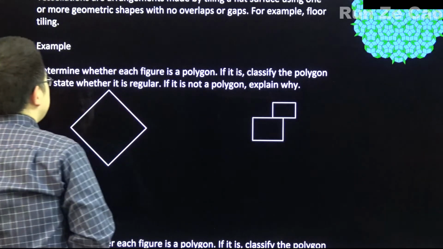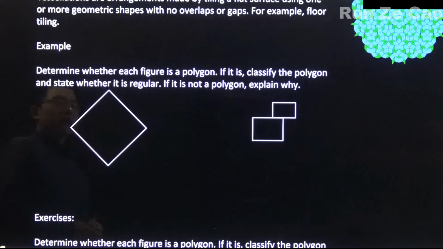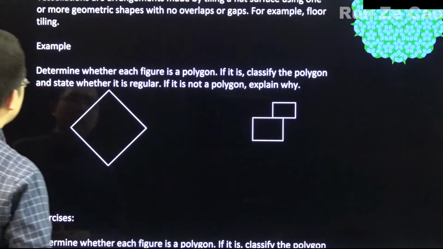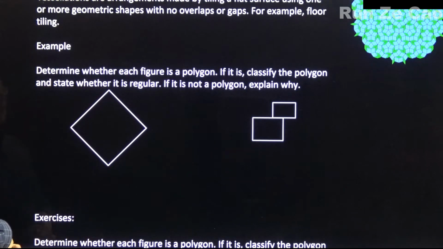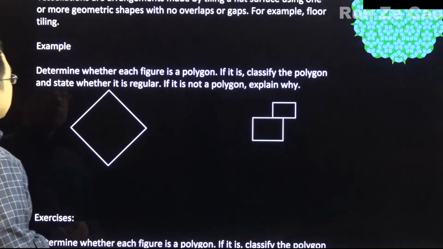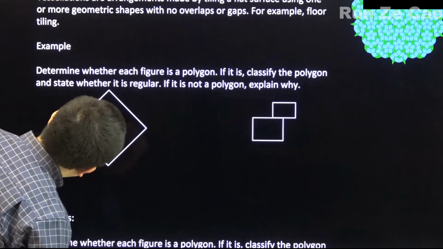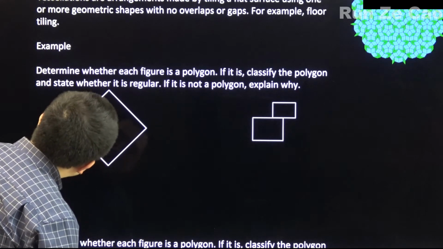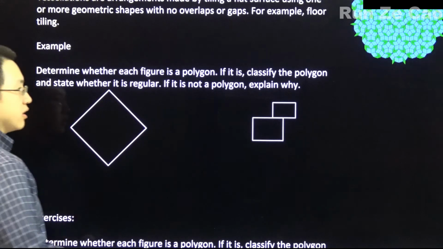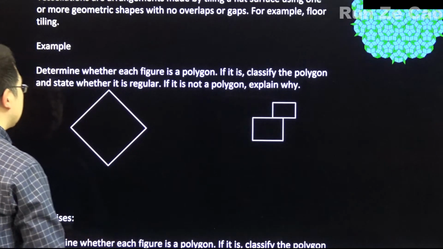Alright, let's determine whether each figure here is a polygon. If it is, classify the polygon and state whether it is regular. If it's not a polygon, explain why. This, to me, it looks like a regular polygon. Yeah, it looks like a square that's just been rotated to be on its side.